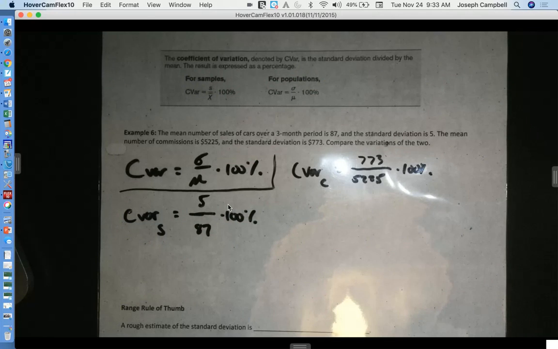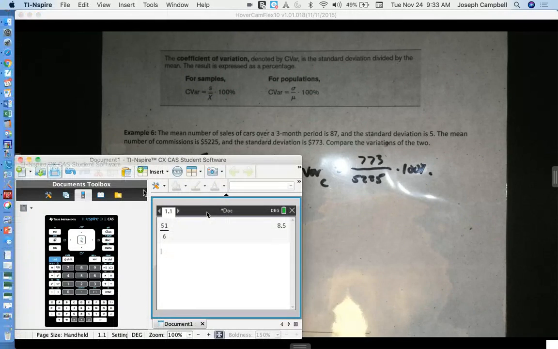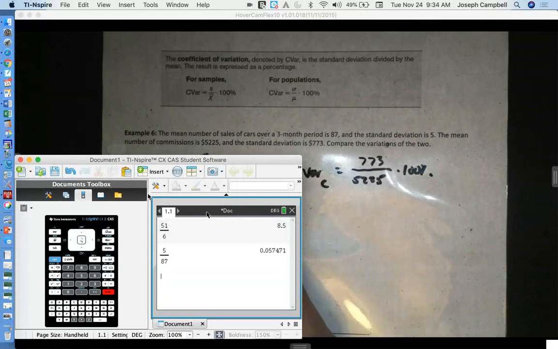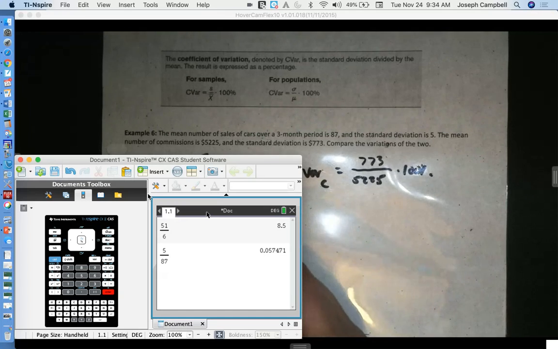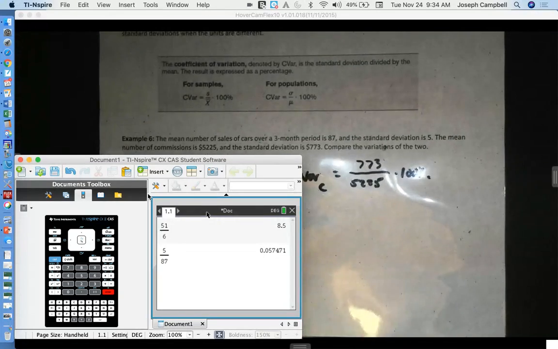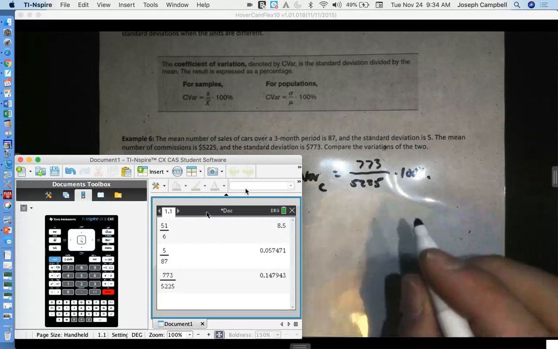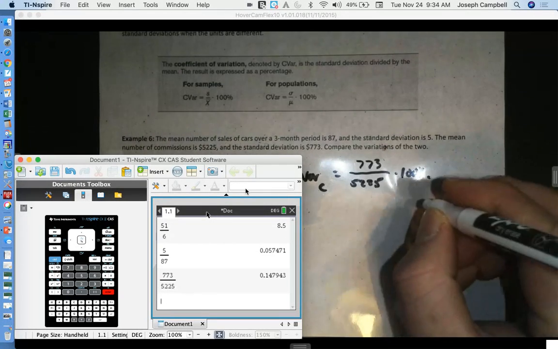So 5 divided by 87 looks to me to be 5.75%. And then we have 773 divided by 5225, and that's 14.80%.